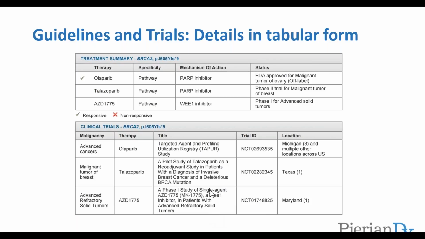We have developed some tabular displays where, first, for this treatment summary table, as we've called it, we can show a list of drug names to which this tumor may be responsive or non-responsive, or in these two rows here, to which there may be a drug option that's available through a trial.